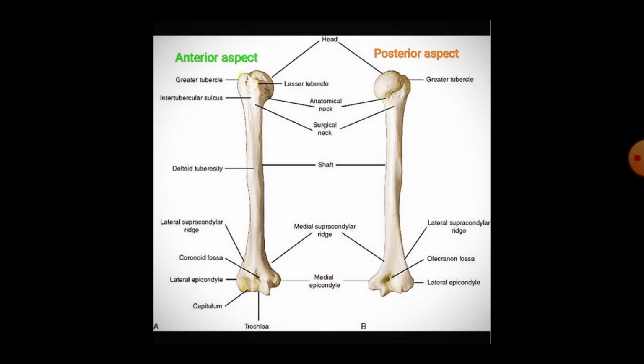This is the greater tubercle and this is the lesser tubercle, always present at the anterior aspect of the humerus. This is the intertubercular sulcus, which is present between them. Below, this is the deltoid tuberosity, which is V-shaped.